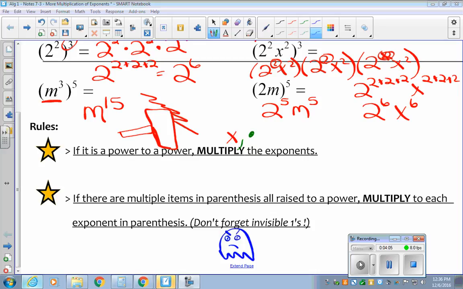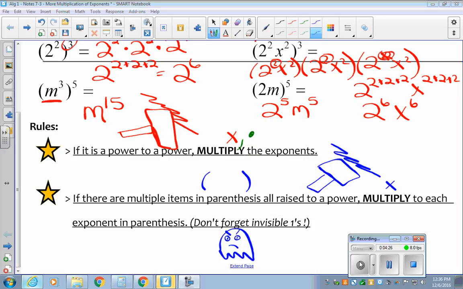So if we have multiple items in parentheses, all raised to a power, I'm going to put my power symbol back up here. Thor's hammer, that's right. Then multiply each exponent in the parentheses.